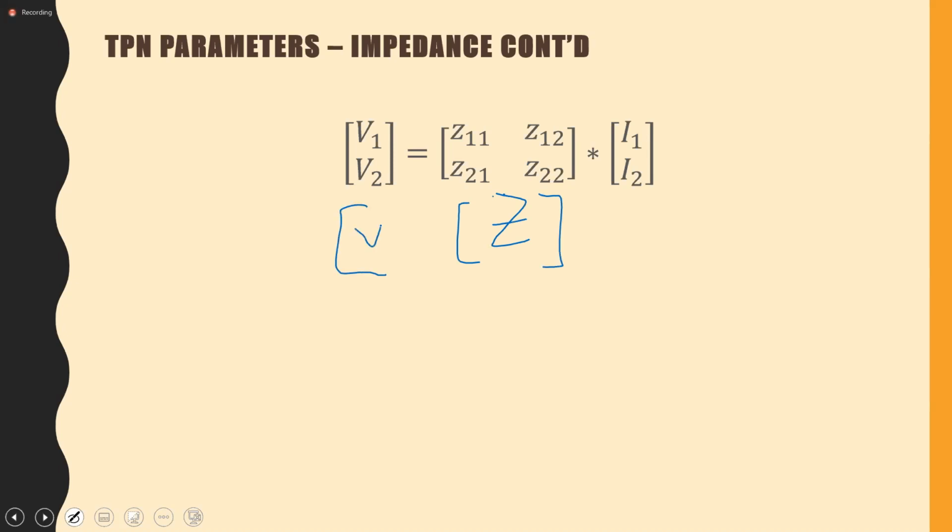So here we have V is equal to Z times I. All right.